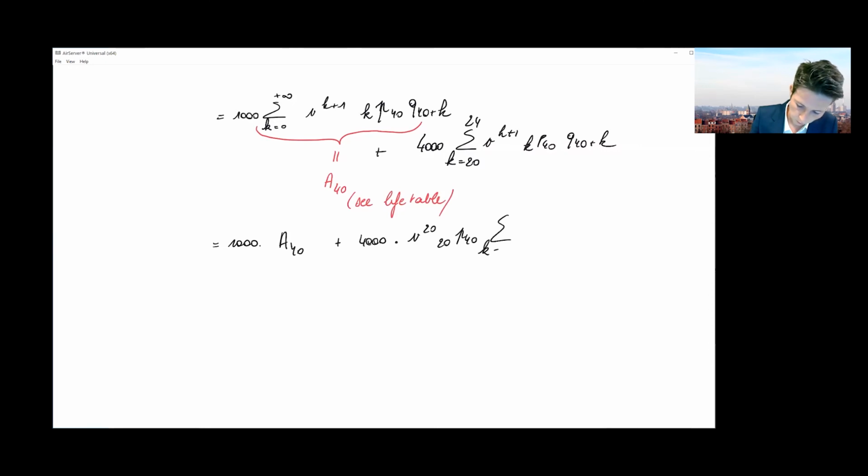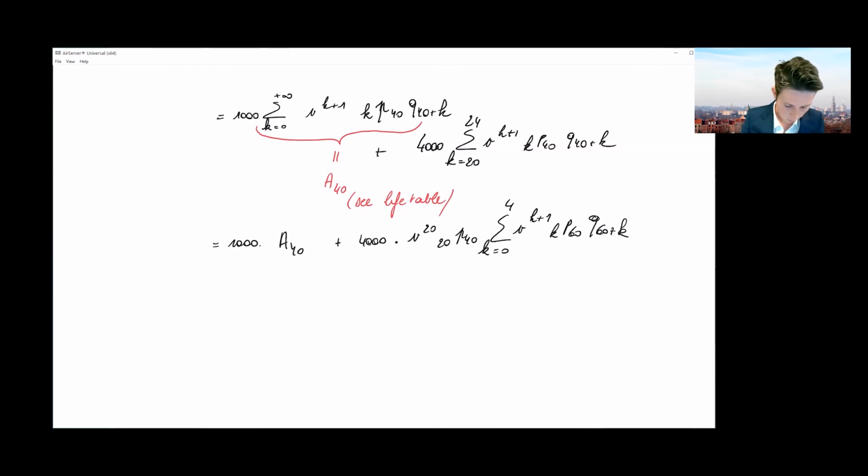I'm going to take a sum for k running from 0 to 4 of v to the power k plus 1. And now I'm going to work with kp60, q60 plus k. So this is a clever way to work with a sort of time shift in this valuation expression.